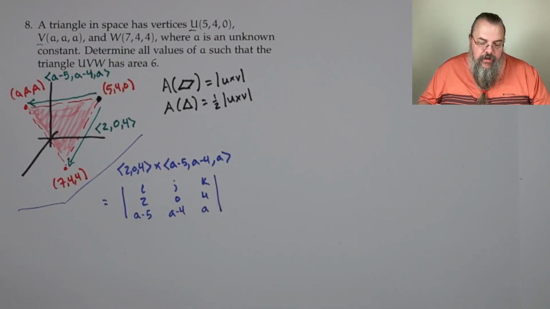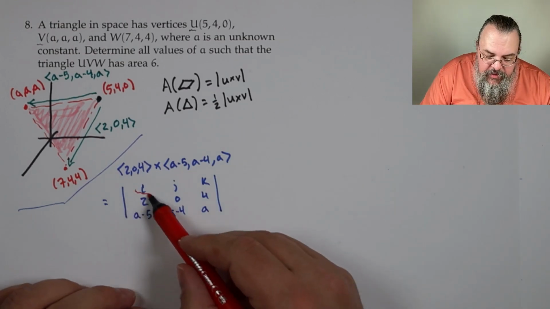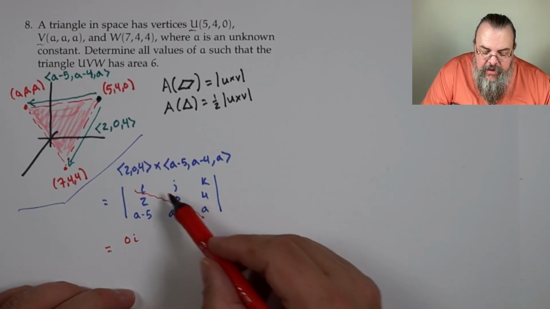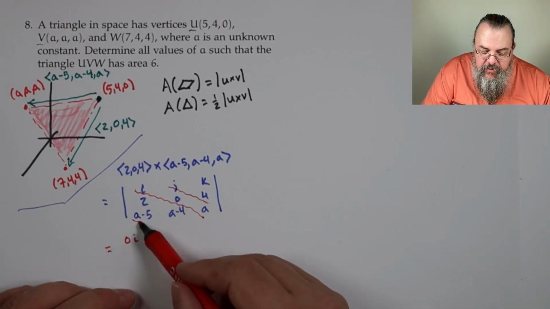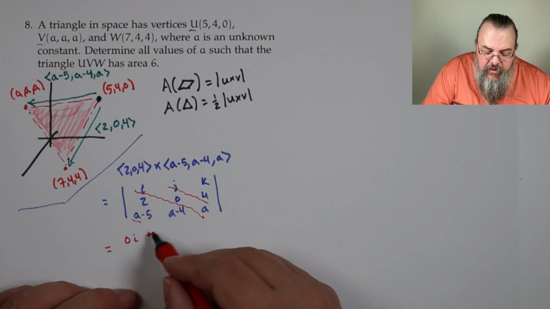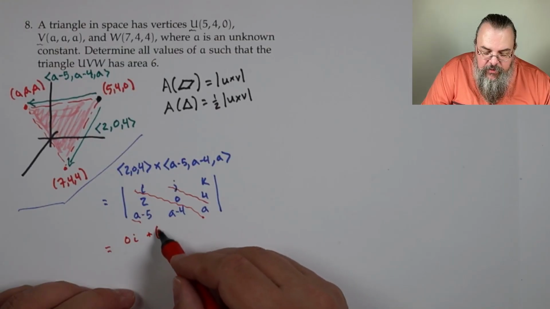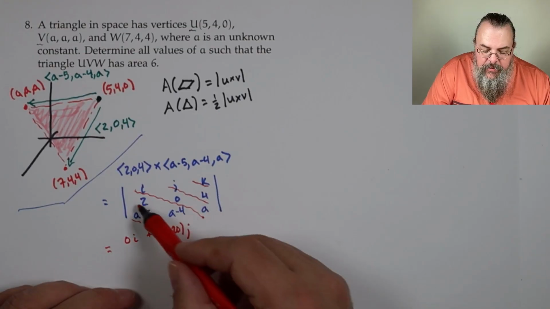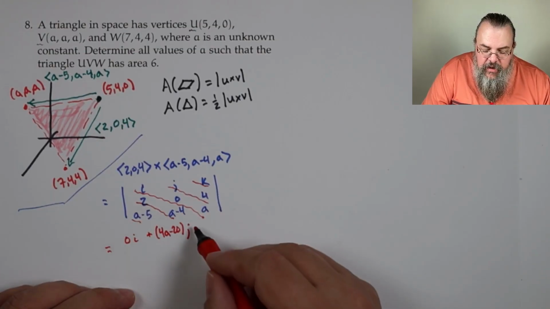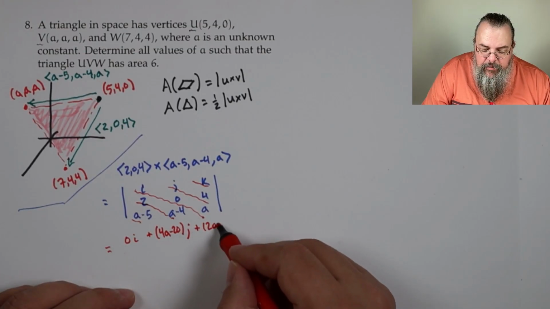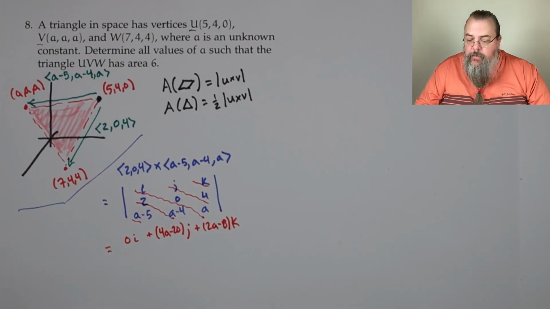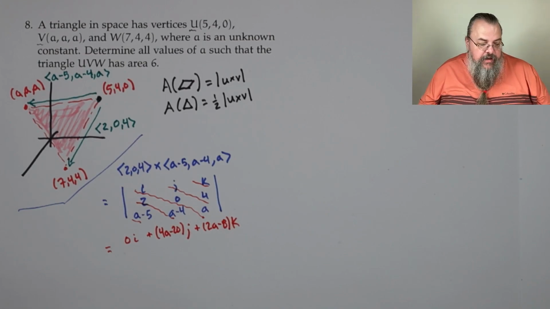Okay, so here we go. i times 0 times A. Well, that's 0i. j times 4 times A minus 5. So that's going to be plus, well, I'm going to go ahead and write this as (4A minus 20)j. And k times 2 times A minus 4. I'm going to write this as (2A minus 8)k. Those are one set of diagonals, but I have to do the other set too.